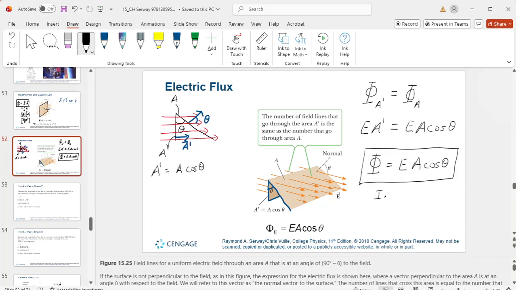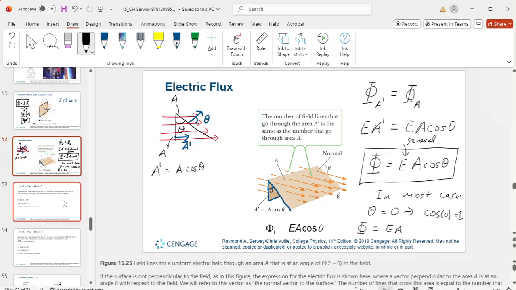So in most cases, theta is going to equal 0, cos of 0 is going to be 1, and as a result, phi reduces down to E times A. But this is the general formula, so do be aware of that.